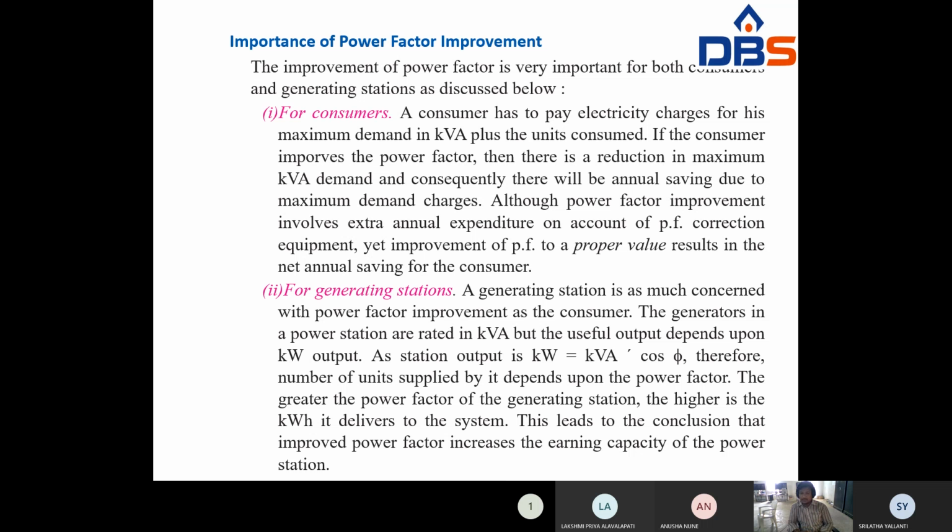A consumer has to pay electricity charges for his maximum demand in kVA plus the units consumed. If the consumer improves the power factor, then there is a reduction in maximum kVA demand, and consequently there will be an annual saving due to maximum demand charges.